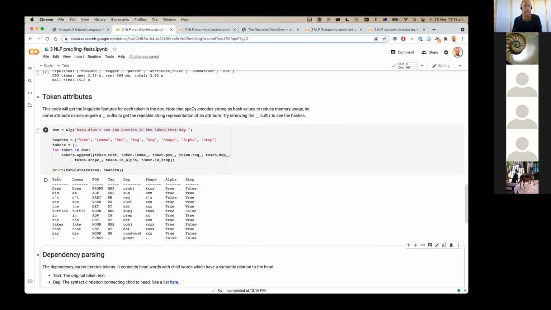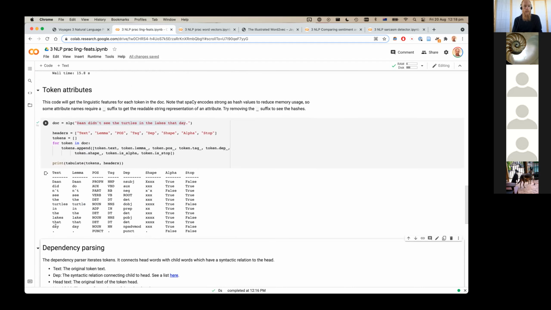Okay, so the text column is the original tokens. The lemma column is the lemmatized form. And we see the parts of speech of each of the tokens. And the tag is the part of speech tag that is also used, just a shorter version.